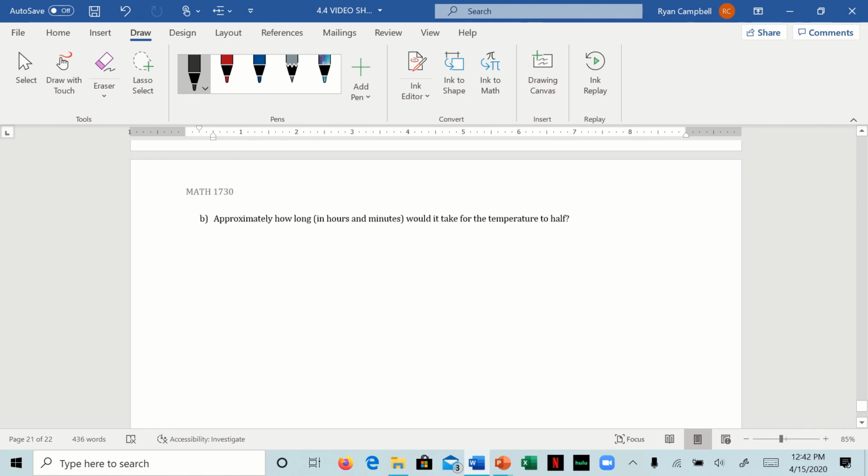So approximately how long, let's do it in minutes and hours, would it take for the temperature to halve itself? So if we know that the initial temperature was 75 degrees, then half of 75 is going to be 37.5.